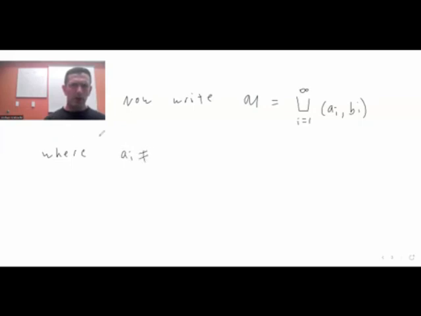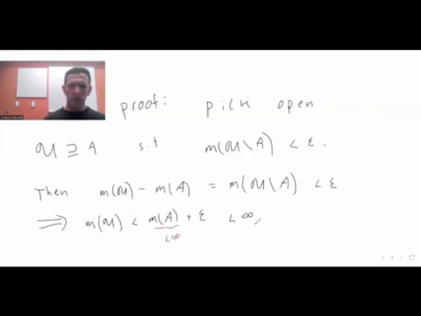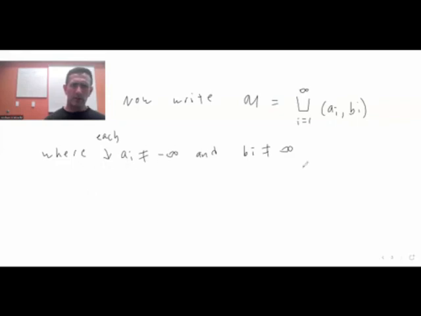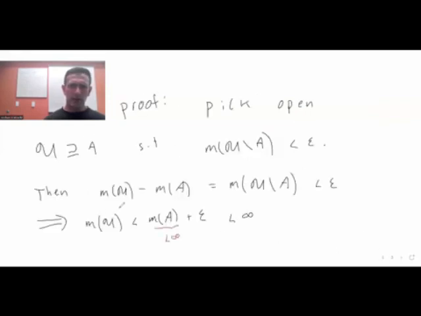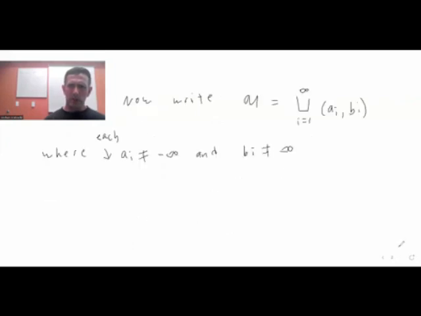So key observation here is both a_i and b_i are real numbers for every i. Very simply, because the measure of U is finite. Right? So the measure of U is finite. So if any of these was minus infinity or plus infinity, well, the measure of U would be infinite. So each one of these is a real number.